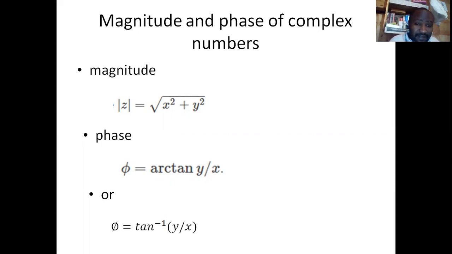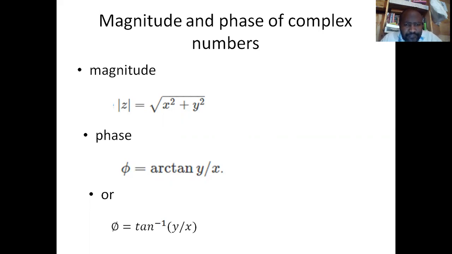And it is basically the real part squared plus the imaginary part squared, then get the square root of the sum. Okay, simple. So you need to ask yourself, what is the real part of that complex number? What is the imaginary part of that complex number? So square them, get the sum, then get the square root of the sum. That gives you the magnitude.